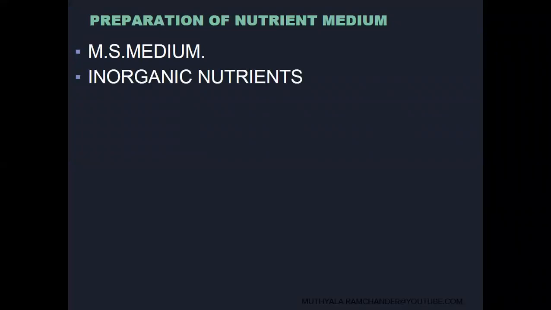In MS medium, inorganic nutrients are present, like nitrogen, phosphorus, potassium, calcium, manganese, zinc, copper, molybdenum, etc. The macronutrients and micronutrients that plants need are available in the MS medium. Those minerals are called inorganic nutrients.